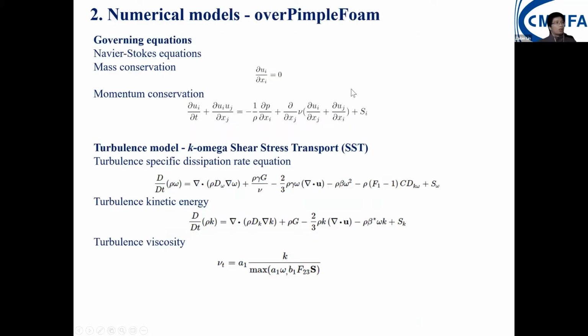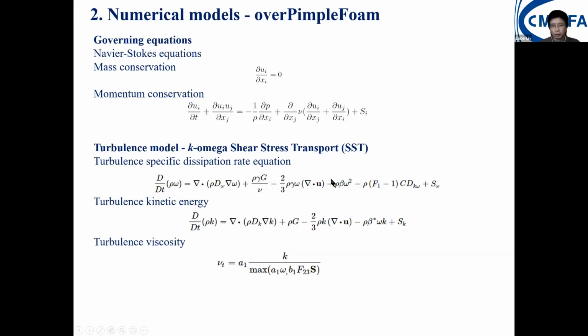For the aerodynamics, we used OpenFOAM to simulate the rotating blades in a constant wind speed. I think everybody will be very familiar with the governing equations here, the Navier-Stokes equation, the mass conservation equation and the momentum conservation equation. Then the turbulence model, where we used k-omega shear-stress transport.